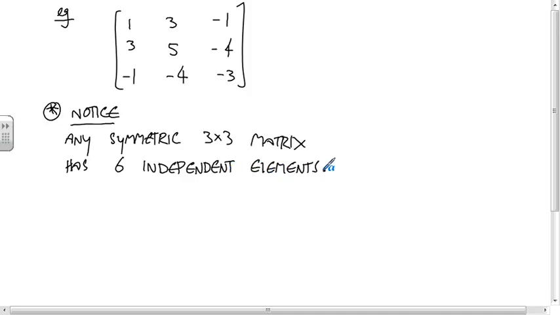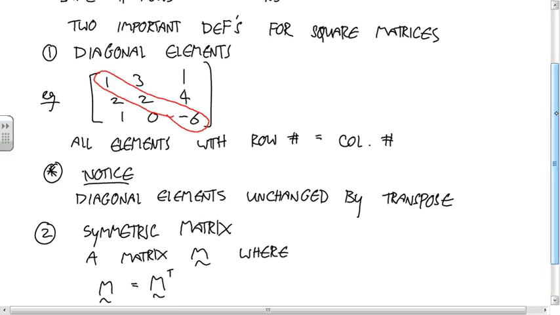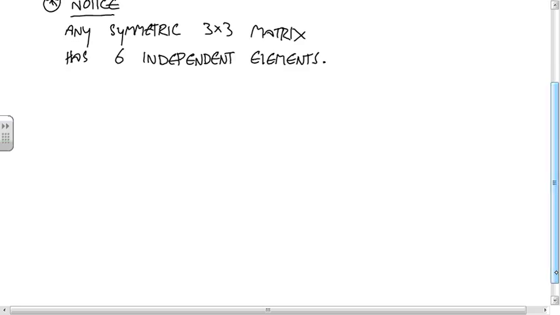It has 9 elements, but only 6 of them are independent. The other ones come from the first 6. Any questions about any of those definitions?